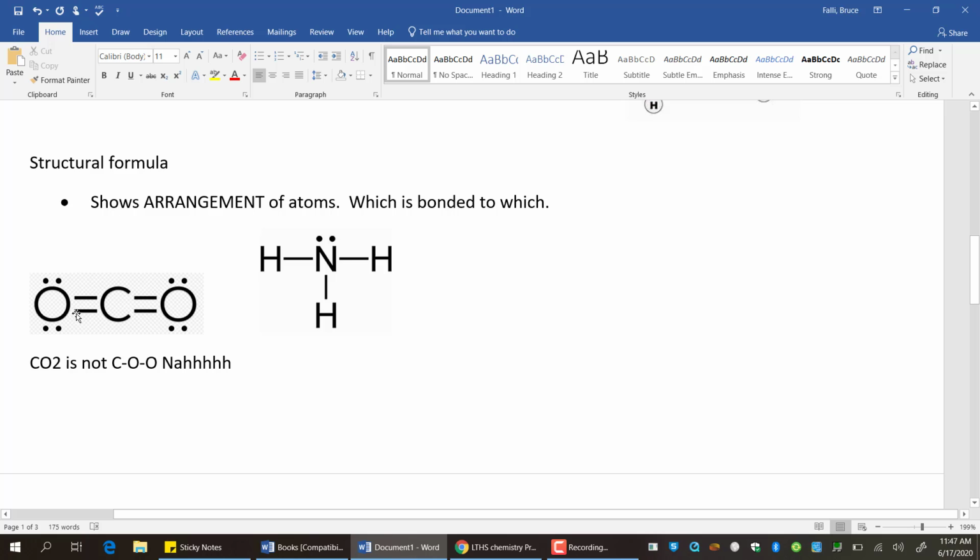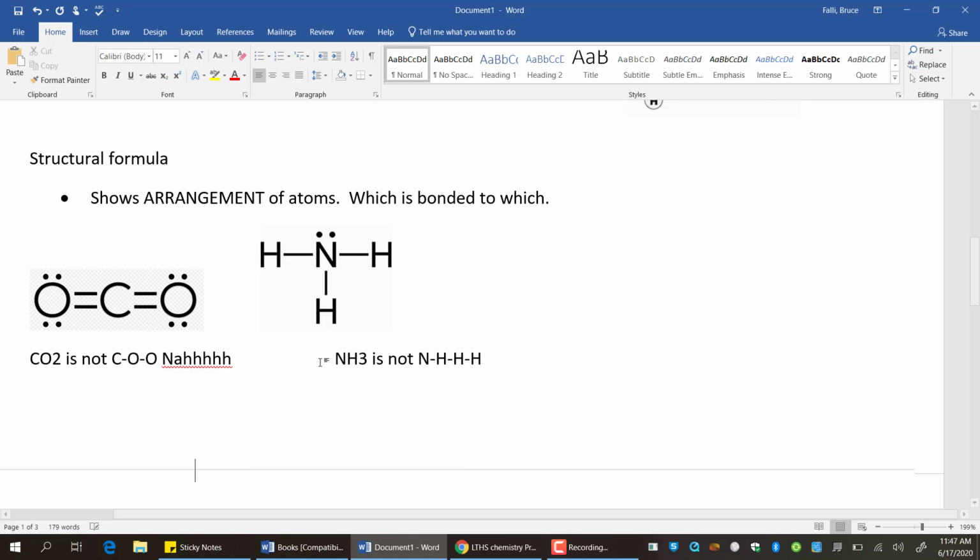It really looks like this guy right here. This is the structural formula that shows its arrangement. Okay? So the way this guy is written is NH3. It's written when you're writing it, NH3 is not N bonded to H, bonded to H, bonded to H. So the structural formula shows the arrangement of the atoms.